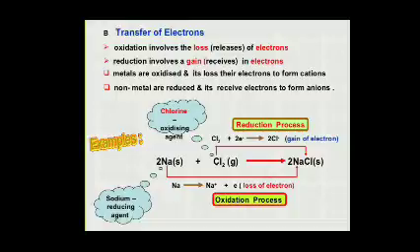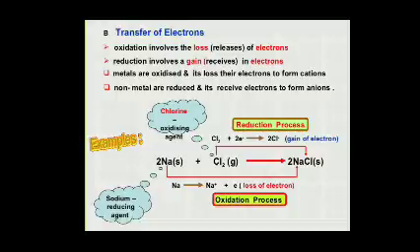This reaction involves the sodium atom and chlorine gas. Chlorine gains electrons from sodium atoms, forming Cl2 plus 2 electrons gives 2Cl-. Gain of electrons is called the reduction process.